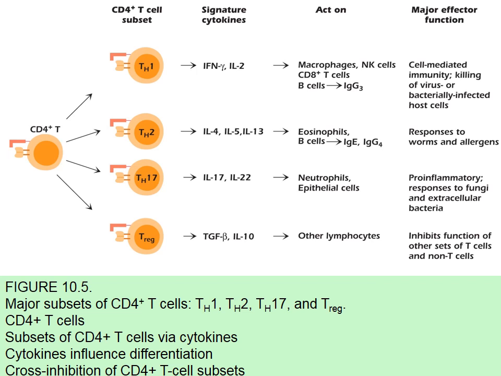Okay, so you can see from this slide, there is a T cell. It forms different subsets. They have different cytokines. These cytokines, because cyto means cell, kine means action or kinetics, something that will move those cells. So these are the cells they act on, and this is the major effector function that you normally see.